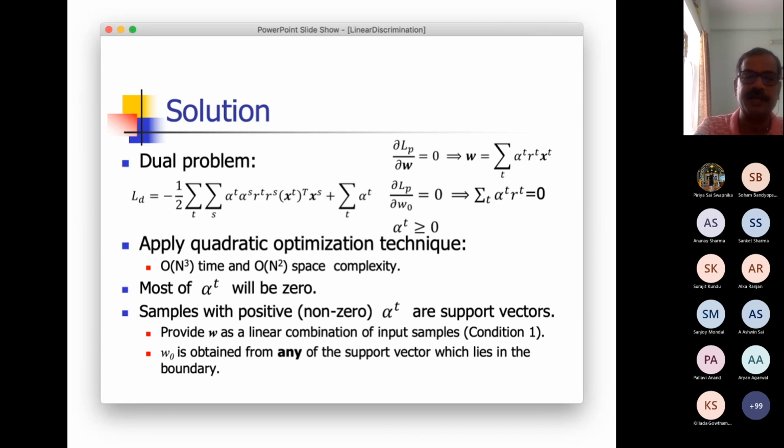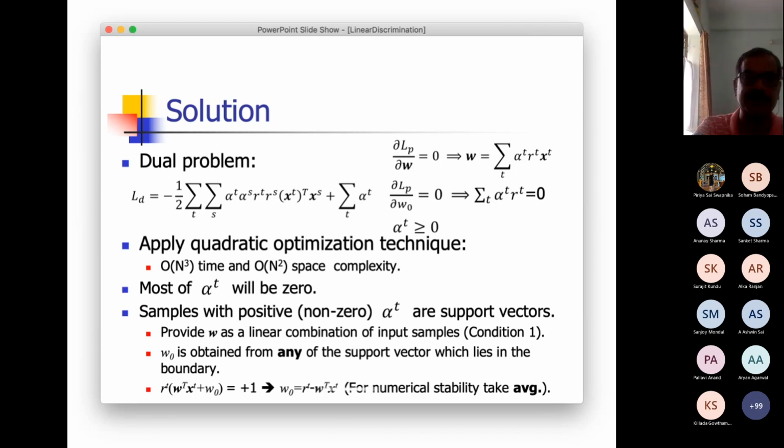Because all of them will be lying on +1, you have to satisfy this equation: r_t (W^T x_t + W naught) equal to +1. For numerical stability, you can take the average. Whichever samples have non-zero and positive alpha values, you take those samples and solve this equation for each one.